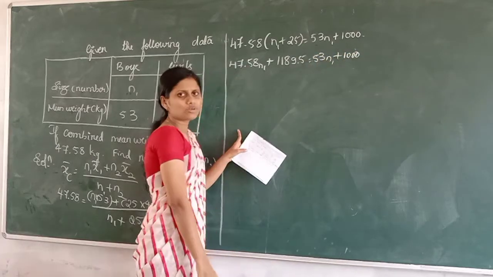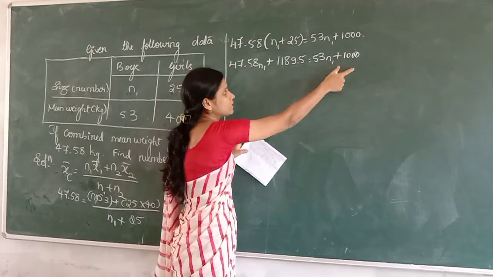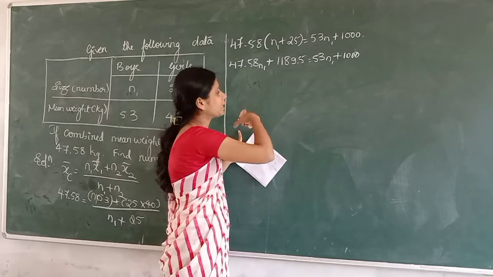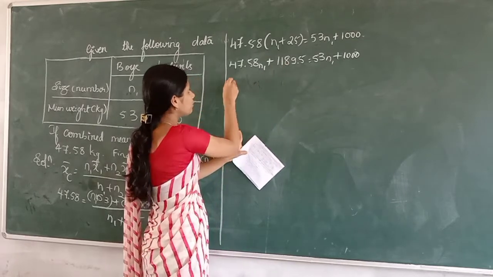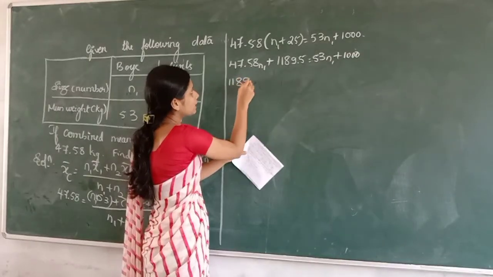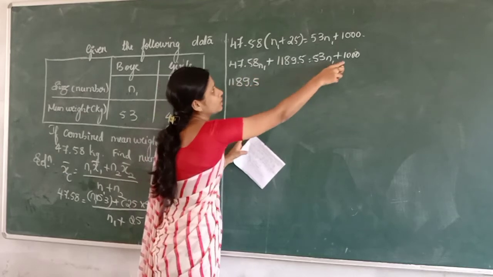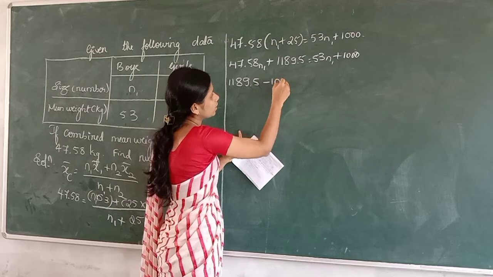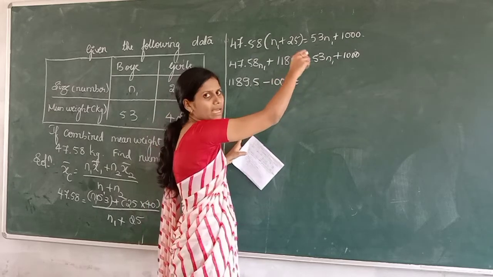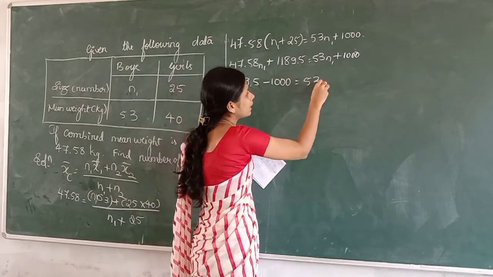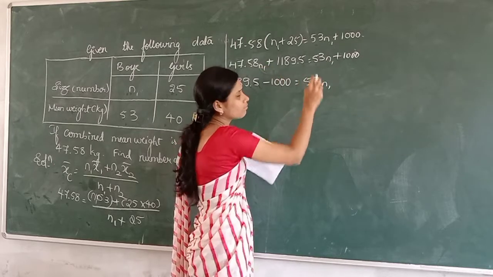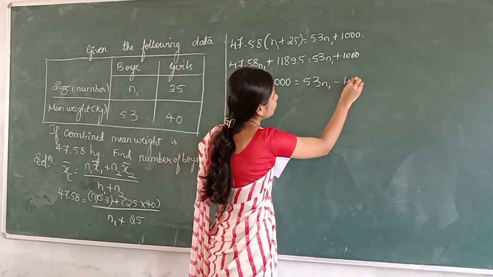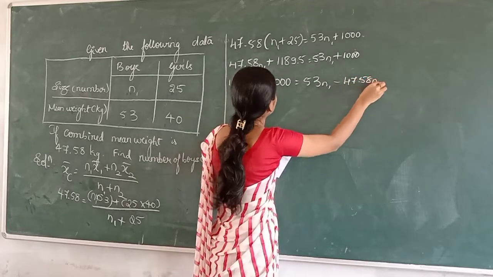Now we take this value to the left hand side and the n1 value to the right hand side. So 1189.5 stays as it is, and bringing the 1000 to the left hand side, plus becomes minus 1000, is equal to 53 n1, and bringing the n1 term to the right hand side, plus becomes minus 47.58 n1.